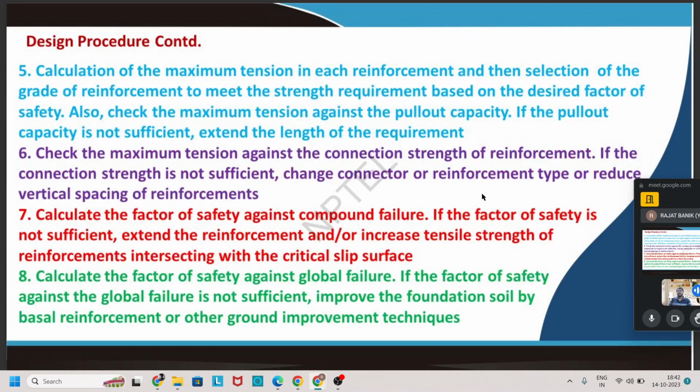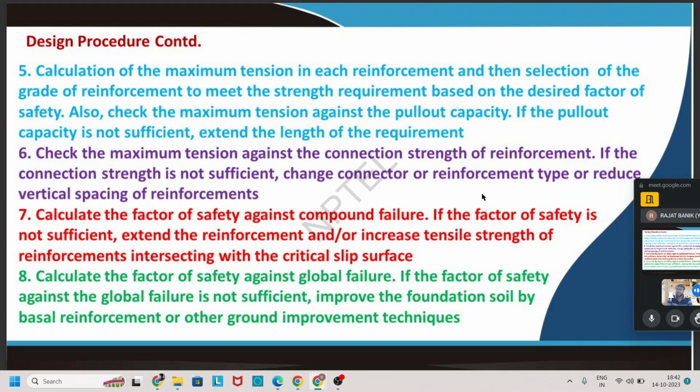Then also calculate the maximum tension in each reinforcement and select the grade of reinforcement to meet the strength requirement based on the desired factor of safety. Also check the maximum tension against the pull-out capacity.